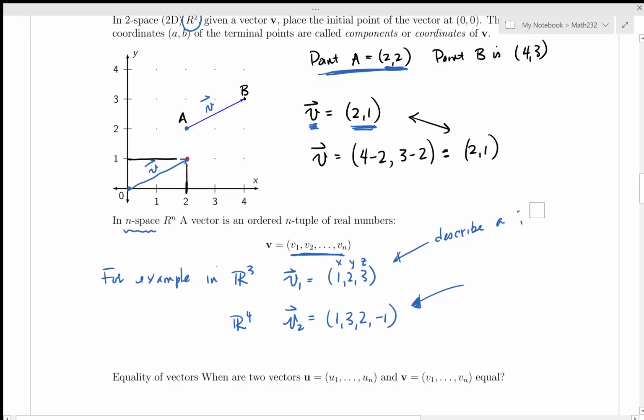Oftentimes in R3, we could think of this as describing a line from the origin to a point in 3D space.